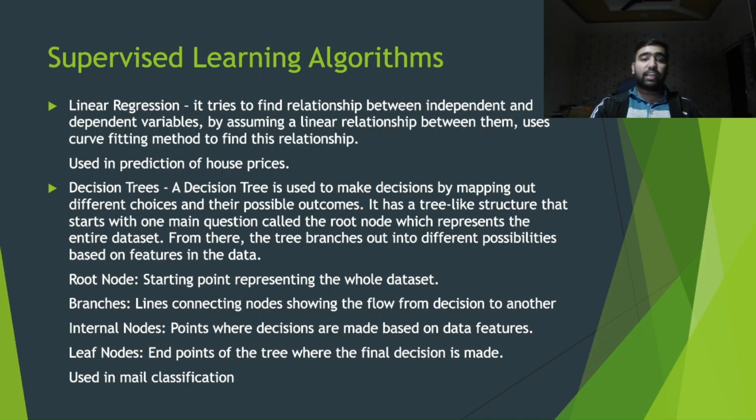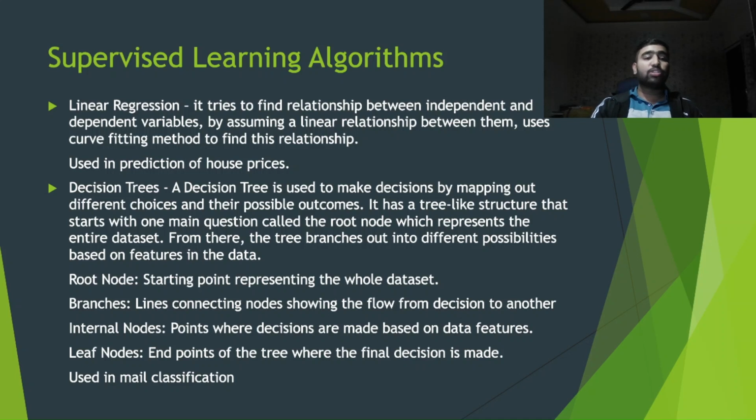In case of linear regression, we assume that the relationship between the variables is linear, but there are also different types of regression such as multiple linear or polynomial regression, especially where the relationship between the independent and dependent variables is not assumed to be linear, and we can include other curves as well.